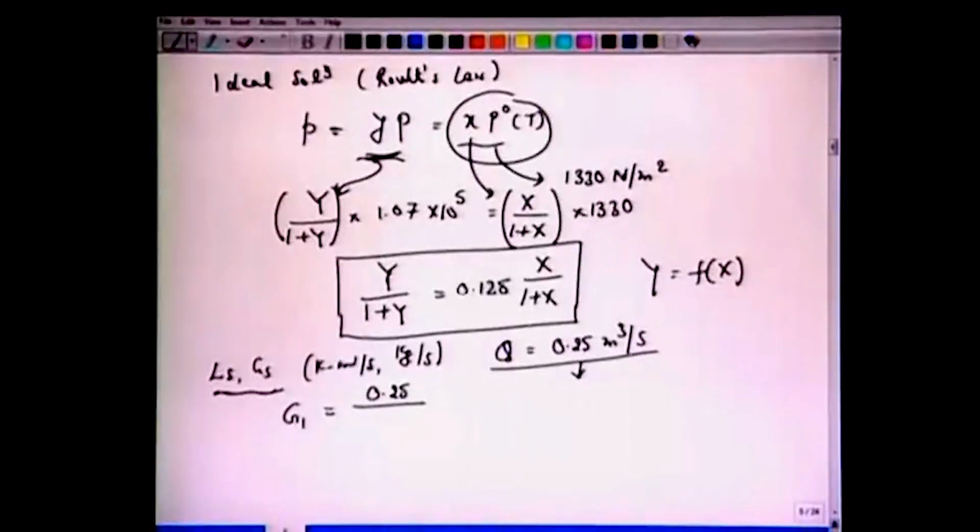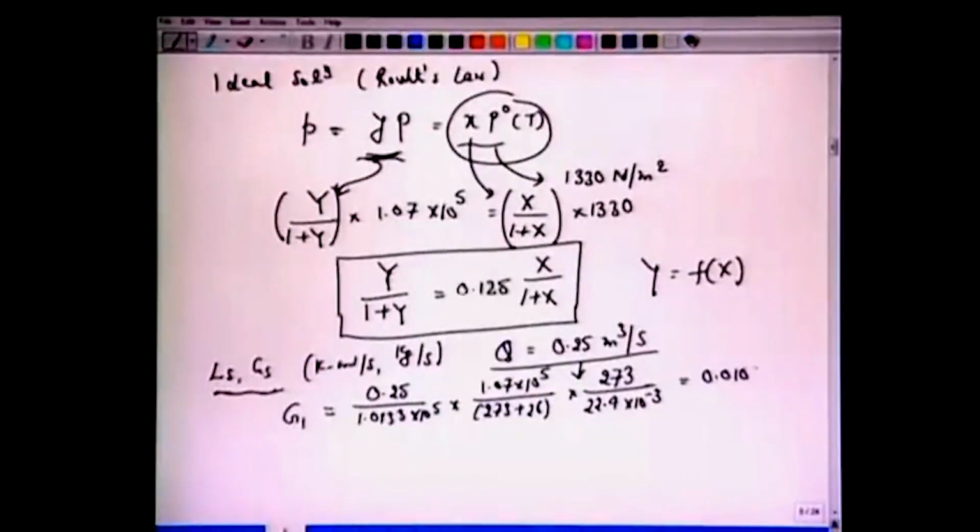We apply the very simple ideal gas law, with pressure corrections, 1.0133 times 10 to the power 5 over 1.07 times 10 to the power 5. So this is the pressure correction to calculate at normal temperature and pressure. Temperature is 26 degrees centigrade, so 273 over 273 plus 26. This gives normal cubic meter per second, divided by 22.4 times 10 to the power minus 3, to make this 0.01075 kilomole per second. That's G1.